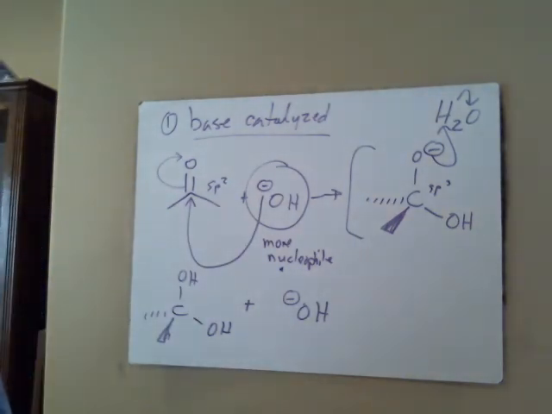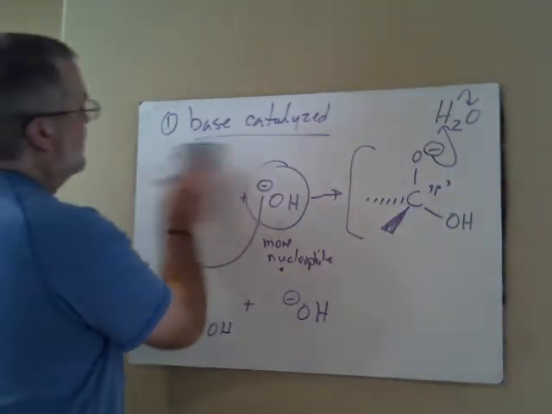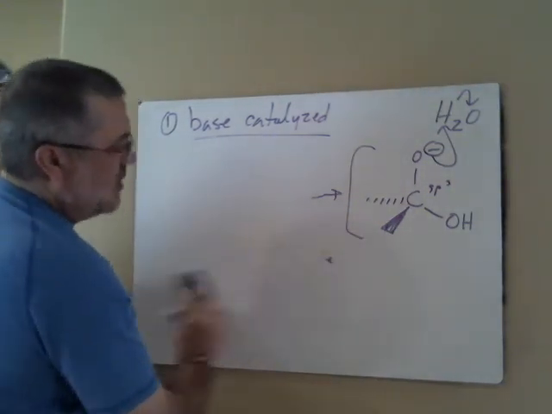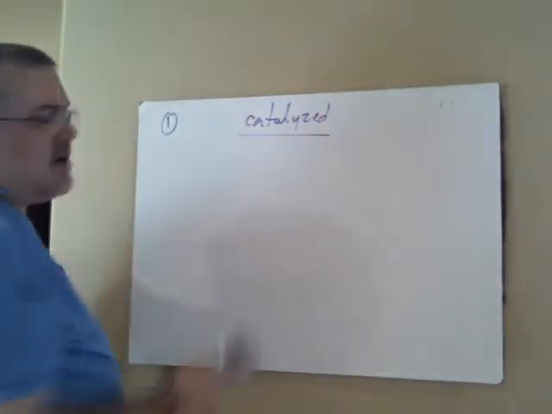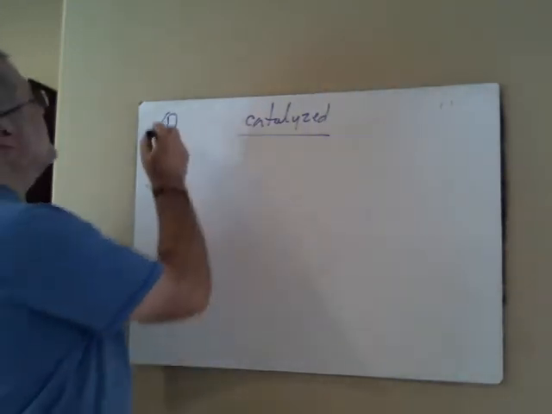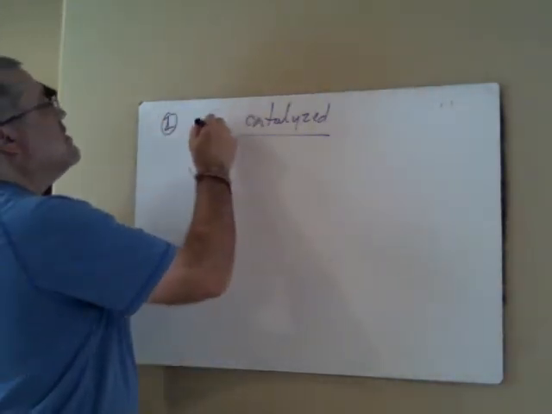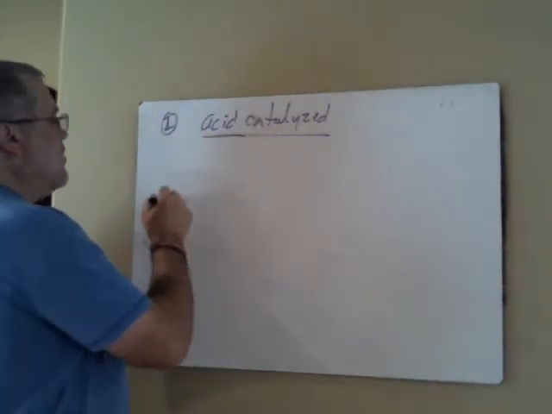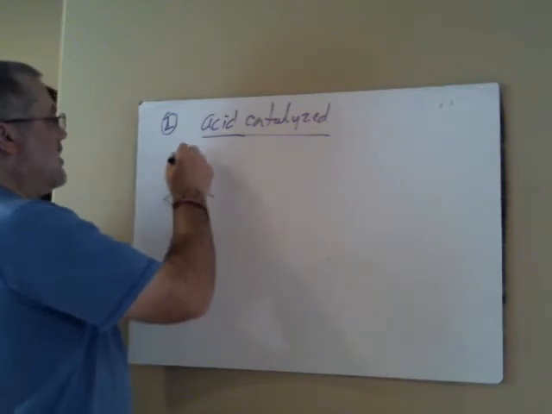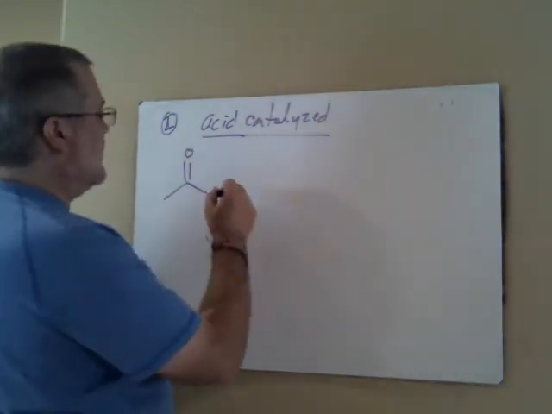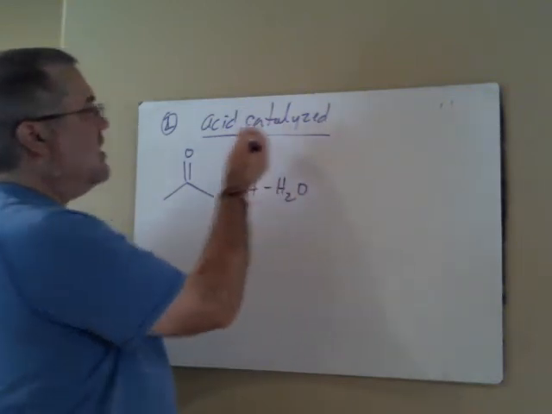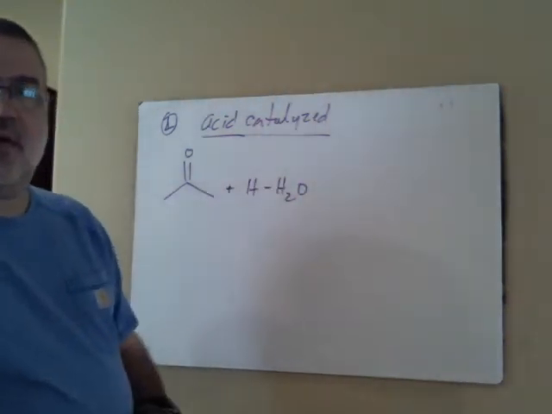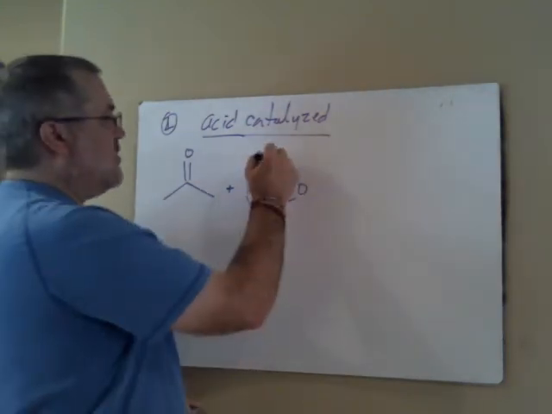But what happens if we use an acid catalyzed reaction? Again, we're going to use water as our example, because all I'm doing is illustrating this. So now it's going to be the acid catalyzed. If you're in acid, an aqueous acid, you have H3O+.